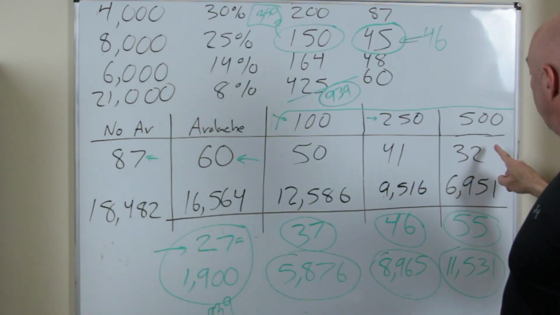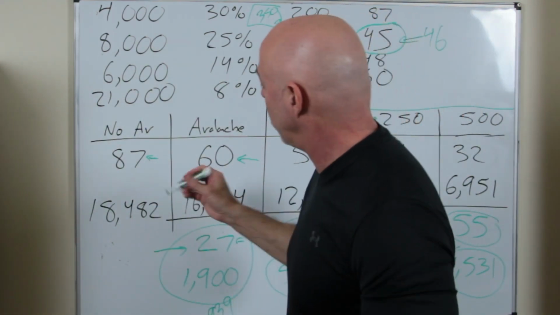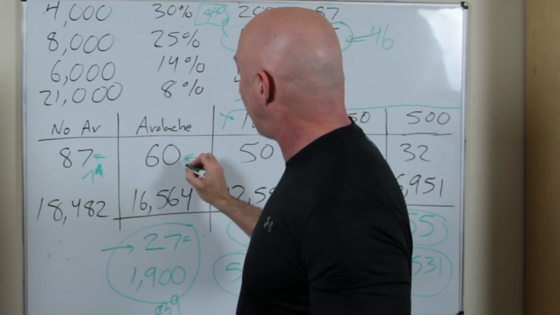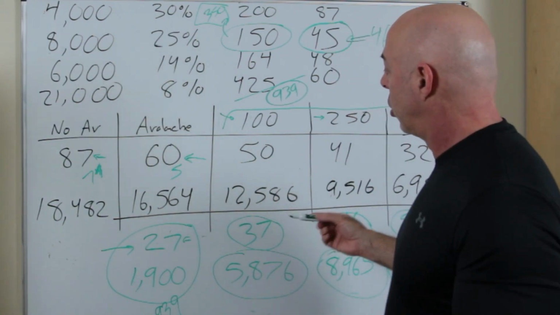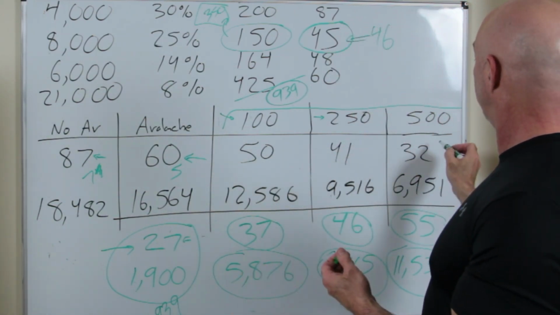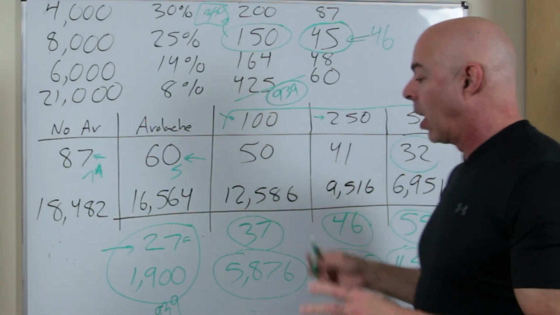Well, since it's only going to take you 32 months, you've gone from 7 years if you don't do anything. 7 years. You got 5 years if you follow the Avalanche method, and you could save substantially. You could save another year. You could take it all the way down to potentially 3 years, depending upon how much additional you're able to put together. So I hope this helps you.